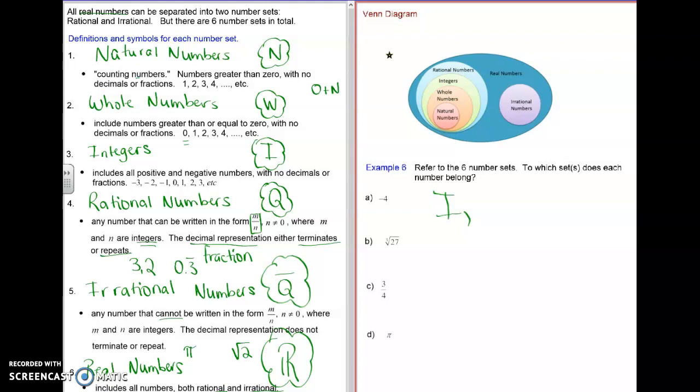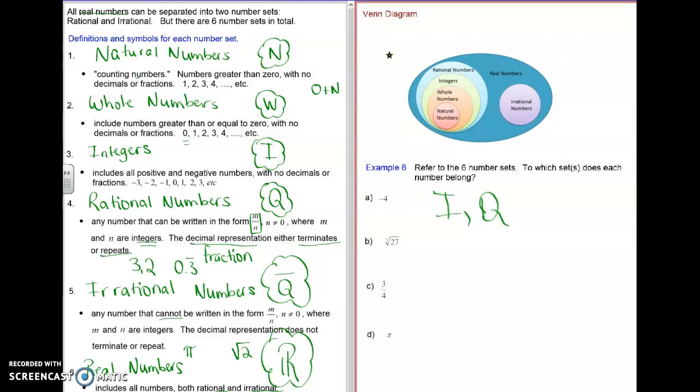If I look at rational, remember it's only going to be one of rational or irrational. -4, as it's written, terminates. If I want to think of it as a fraction, it's -4/1. So if it's able to be written as a fraction, then we say it belongs to the rational number system. That number system, remember, is Q. So it can't be irrational.